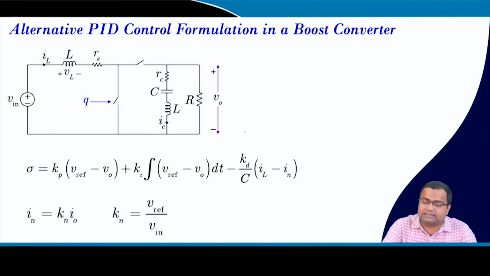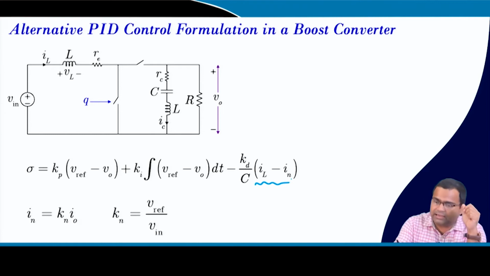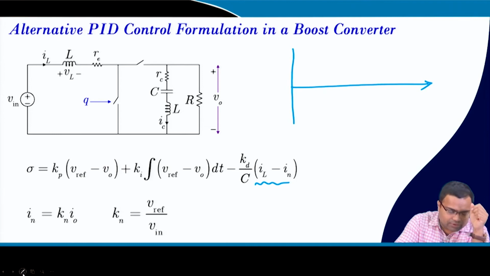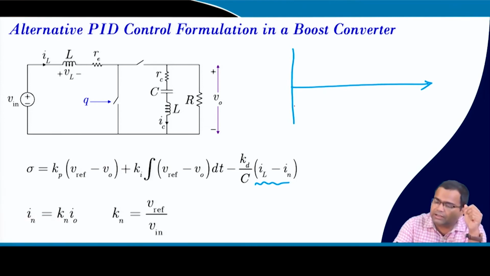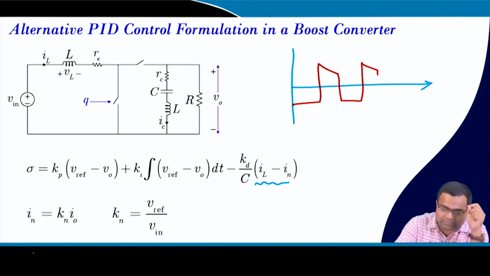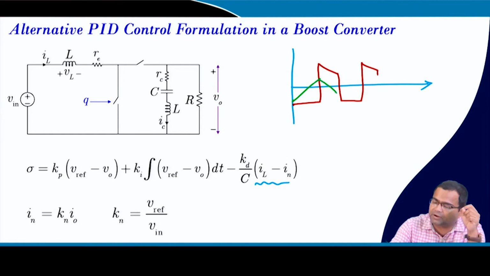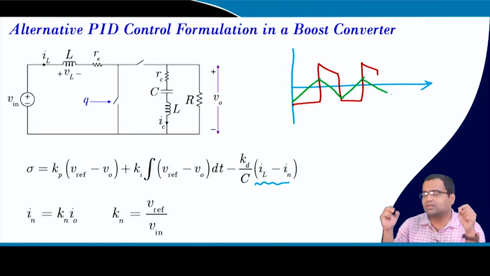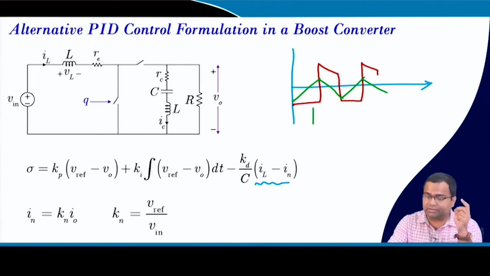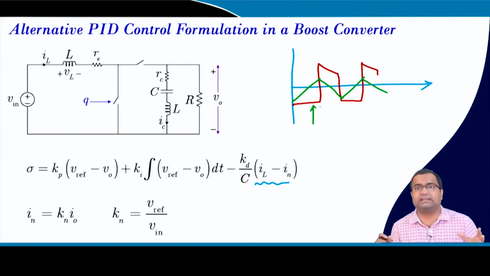If I draw the boost converter capacitor current, it is simply like this, but for a buck converter what we achieved was something like this. But for the boost converter, this discontinuous jump creates real trouble for direct derivative.